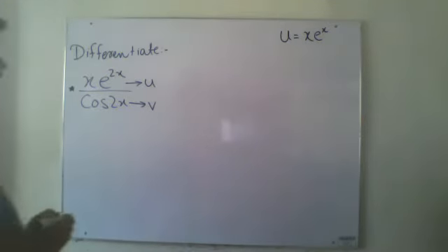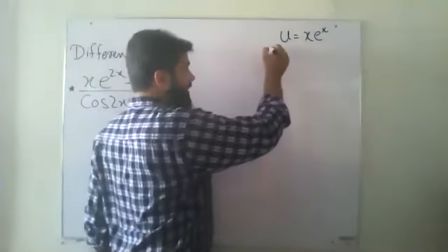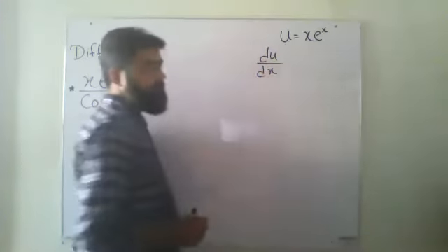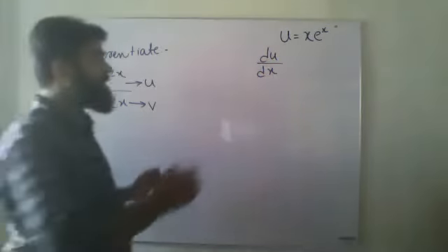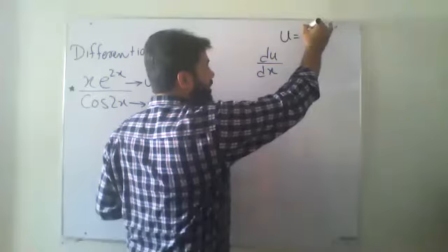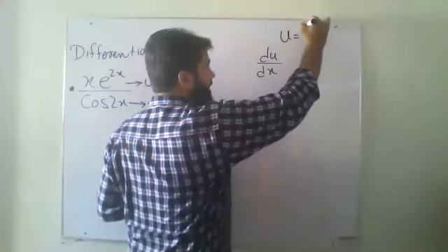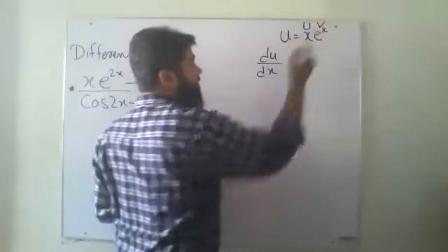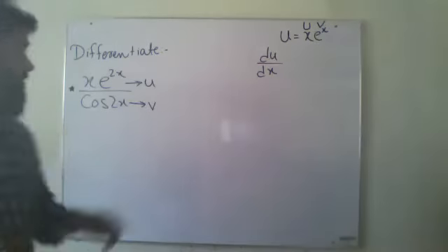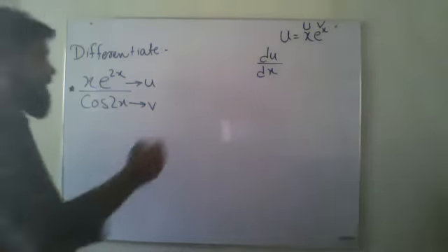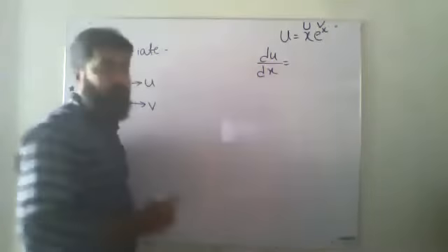Okay, so when I am going to differentiate it, du over dx. It is again a product law, meaning a capital U and a capital V I am making. This one is small u and small v. Over here I have used capital U and capital V for my understanding only. Okay. So what does the product law say?